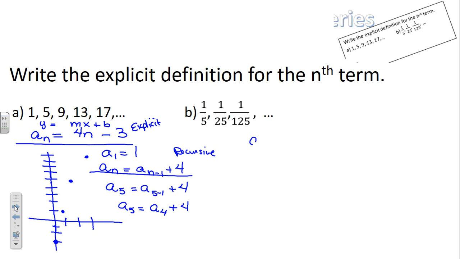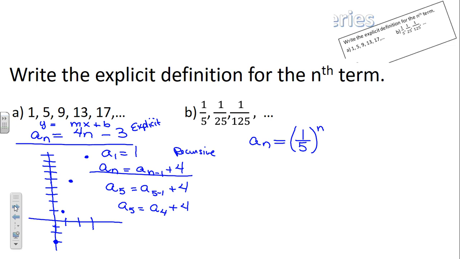Okay, so how are we going to create, and again, this isn't something I'm going to expect you to master without more knowledge, but what do you think we can do to try to create the nth term? 1 over 5, and then 2 to the nth. Is everybody okay with that?